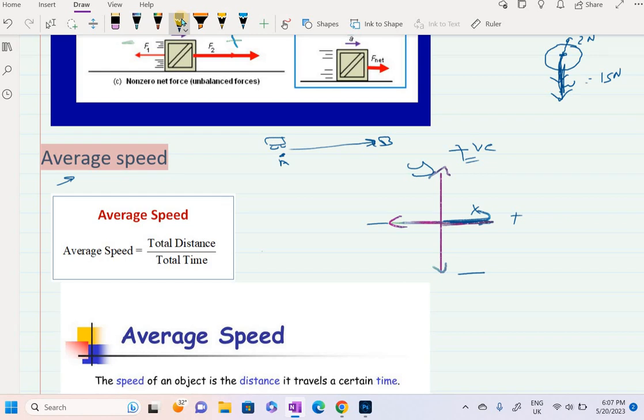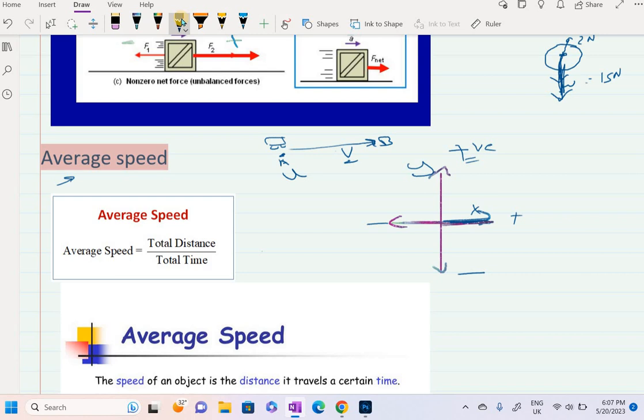When your father starts to drive the car, he starts with initial velocity, and by the time his speed increases, right? To reach at the end V, the final speed.